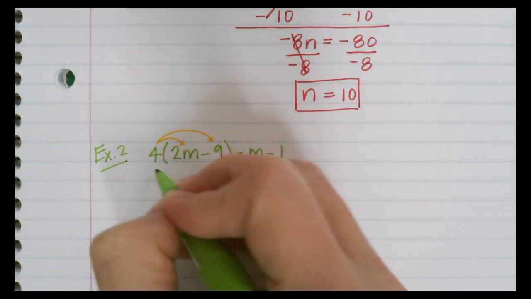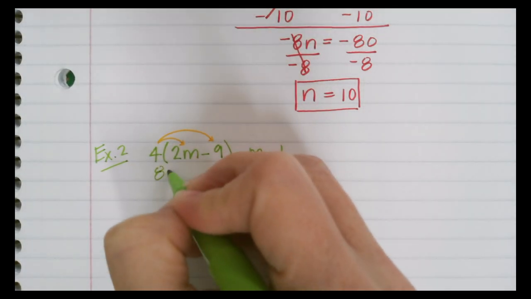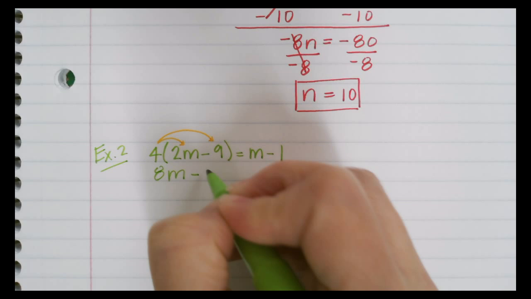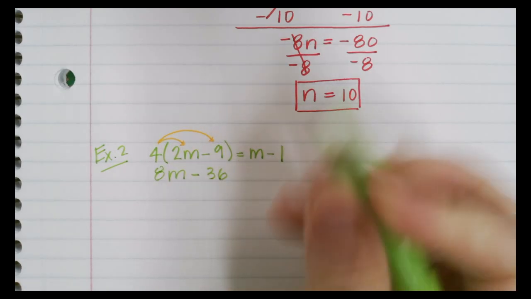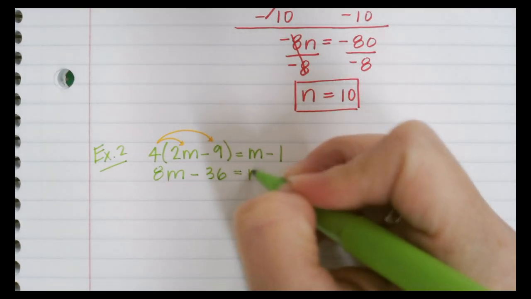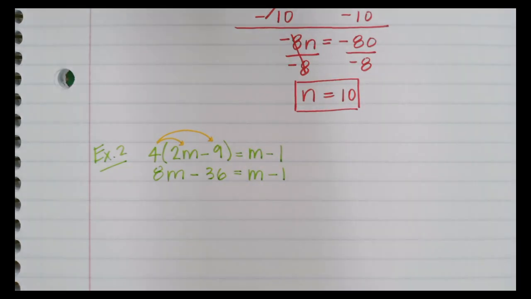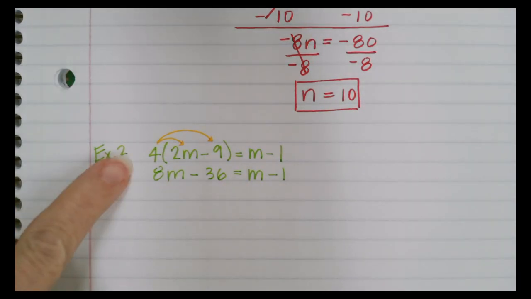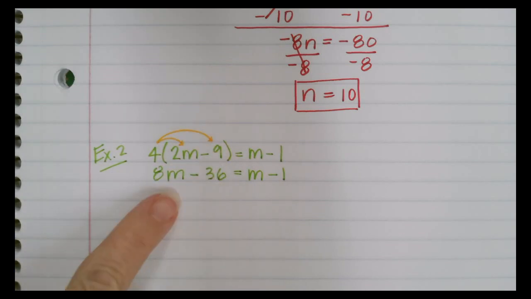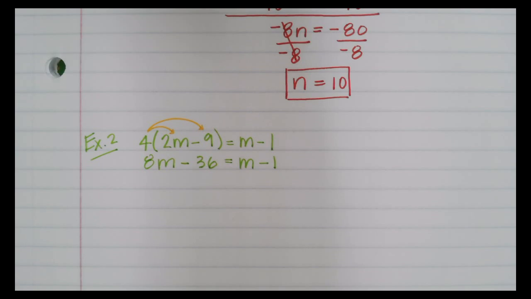That's going to give me 8m minus 36 equals m minus 1. I distributed the 4 to the 2m minus 9, and that's how I got the 8m minus 36.